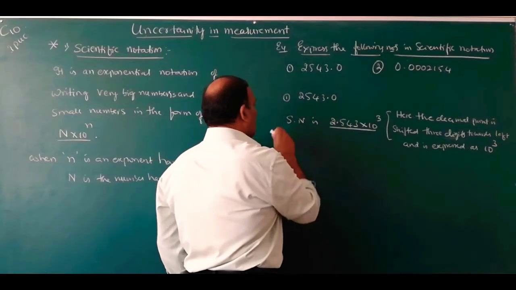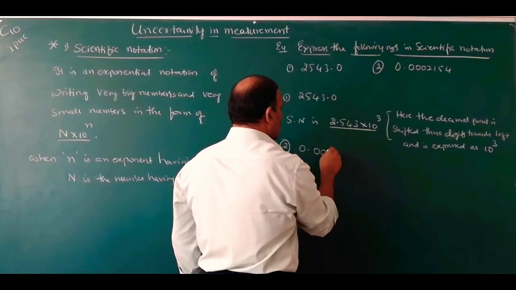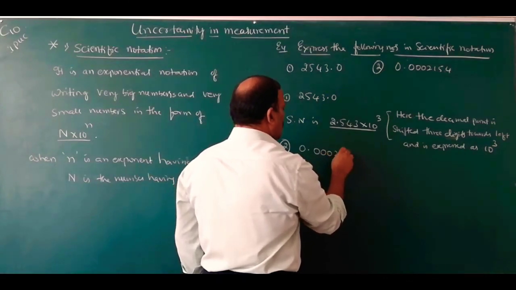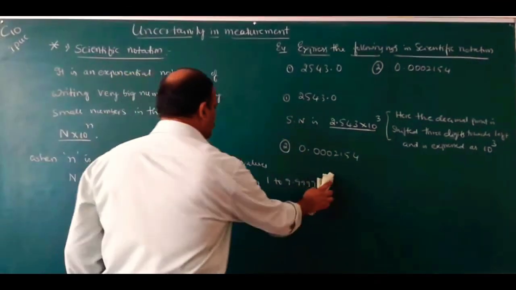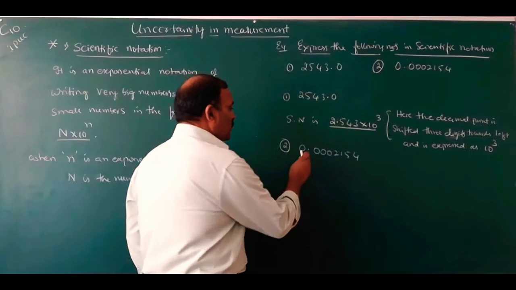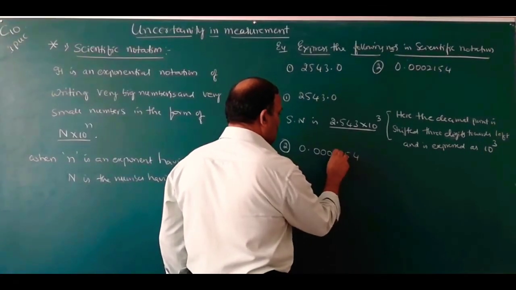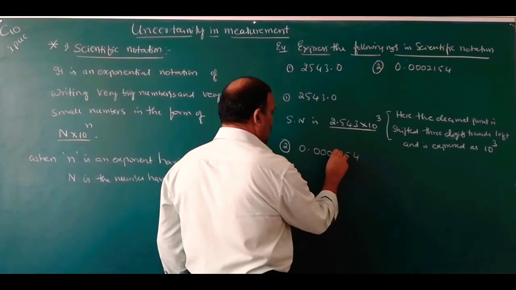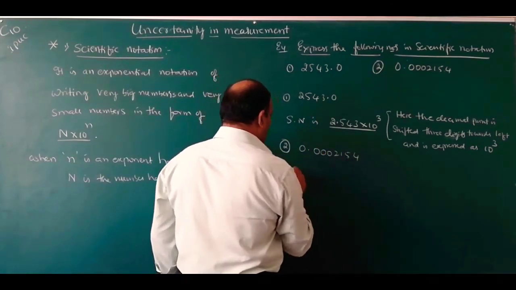So what is the second number? This is 0.0002154. So what is the scientific notation? We have to shift this decimal point after one digit, that means to here.